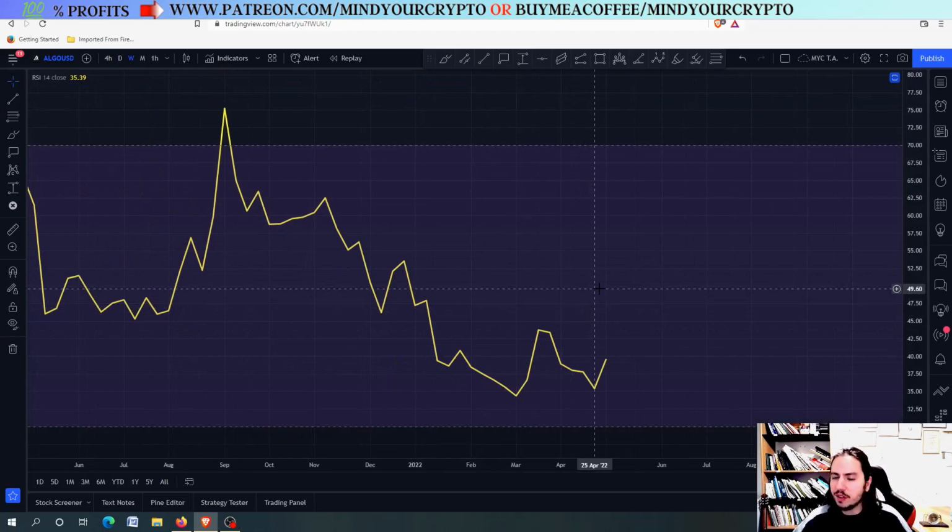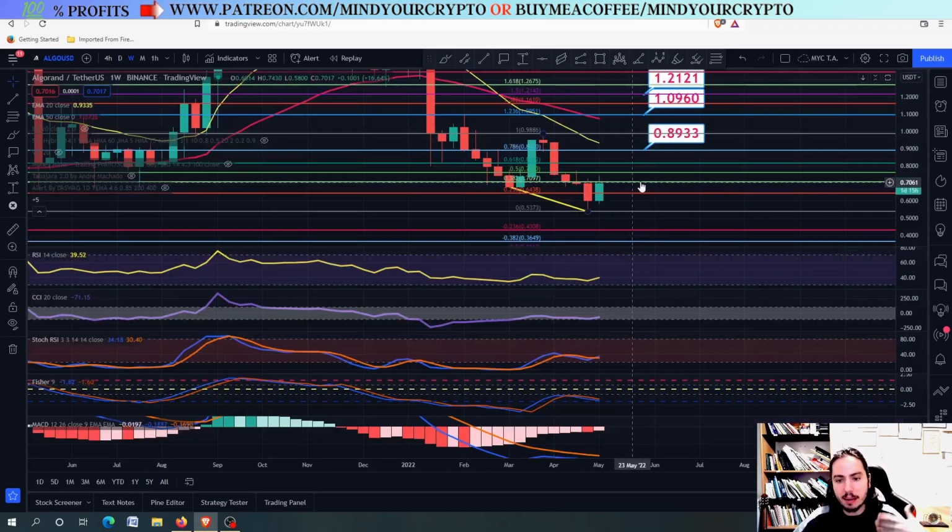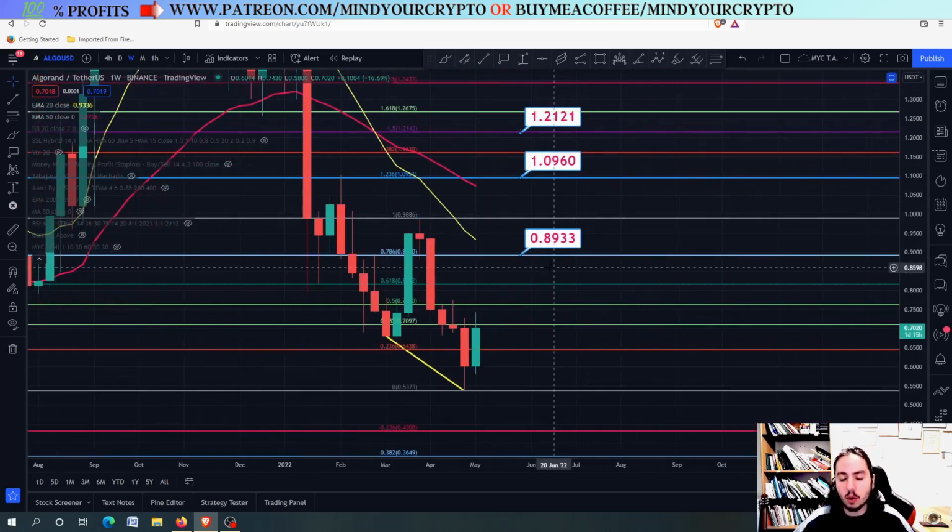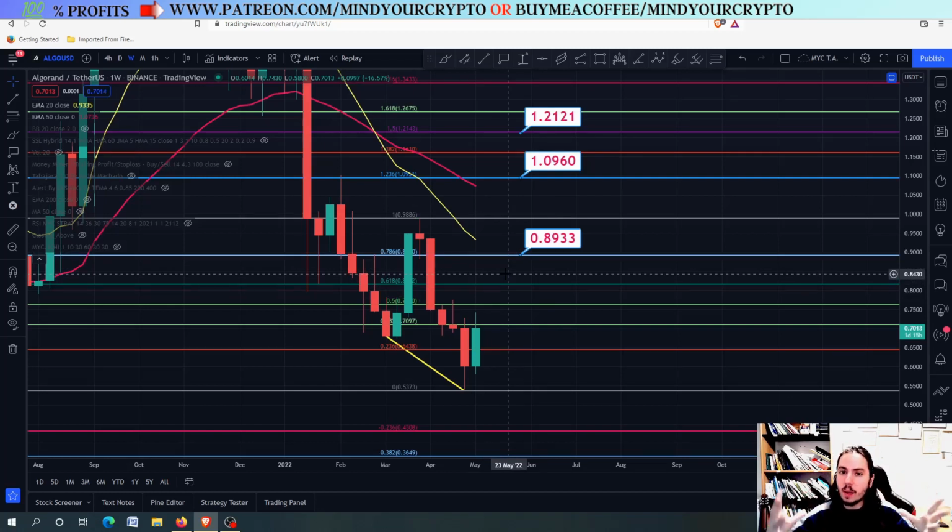It goes around 50%. So that's why I'm having the 1.09 as a major resistance level, and of course the 0.9 in case something bad happens, in case we have a huge correction on Bitcoin, for example, and Algorand cannot move up higher against BTC. So this is why I'm having these price targets there.